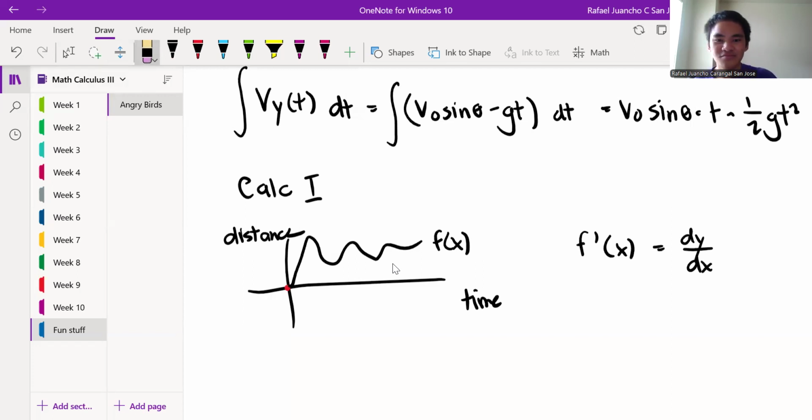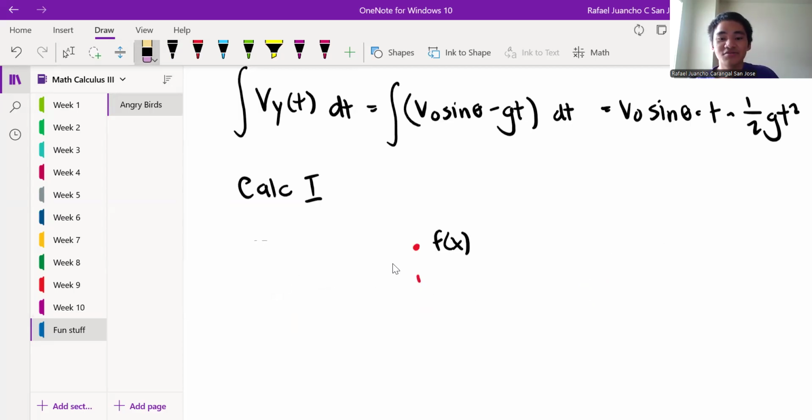Then we get the speed at some point. Let's say this is time 5, then we just find f prime of 5. Or if this is 8, we find f prime of 8. Then we get the speed in, let's say, meters per second. So that's Calc 1 stuff.